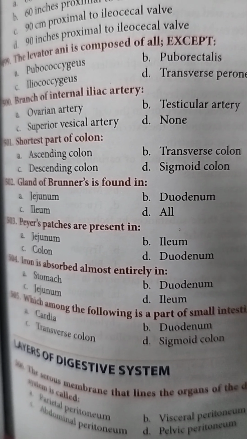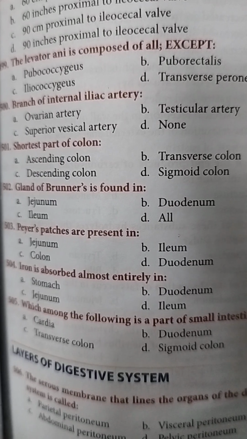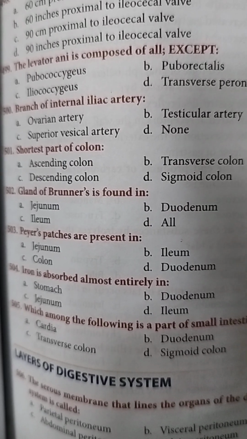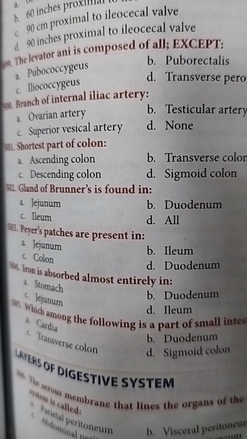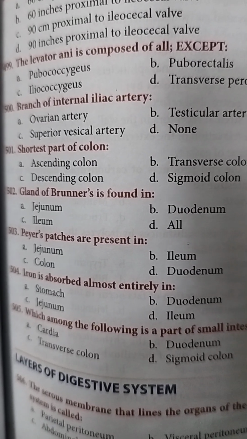Iron is absorbed almost entirely in duodenum.